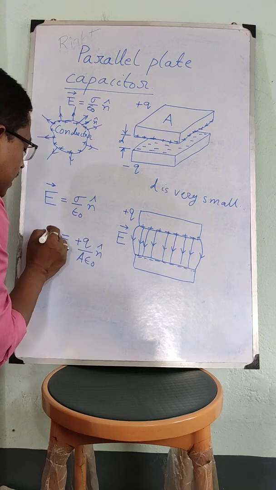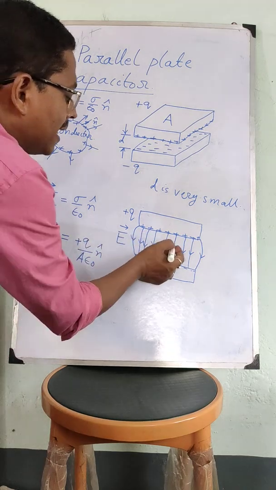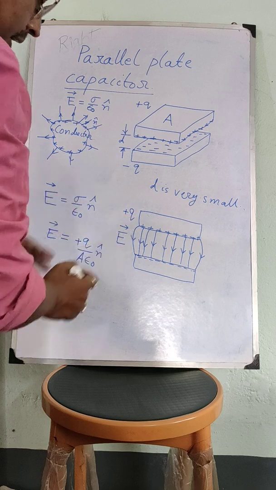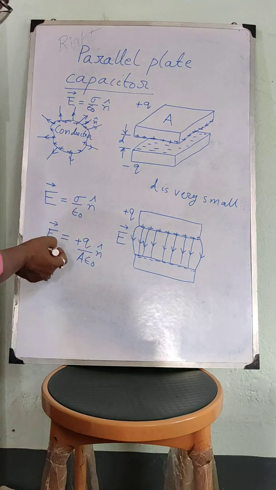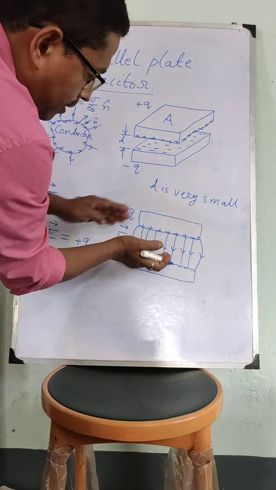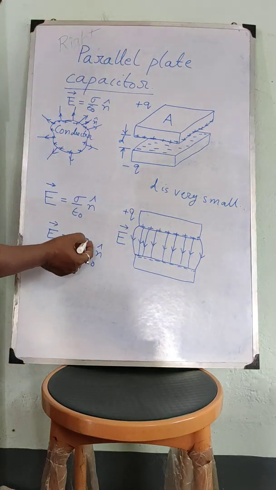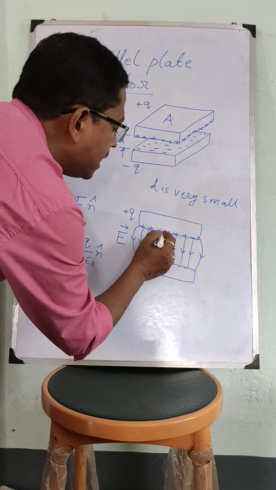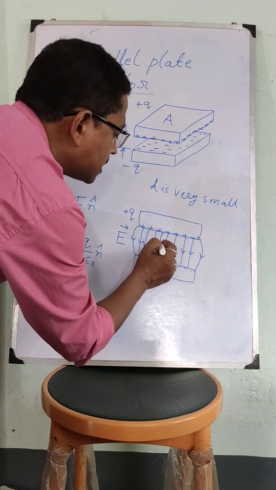So this is the electric field in this region, that is the region between the two conducting plates. So this is the electrostatic field in the region between the two plates. So Q by A epsilon 0 into n cap, where n cap is a unit normal vector in this direction.